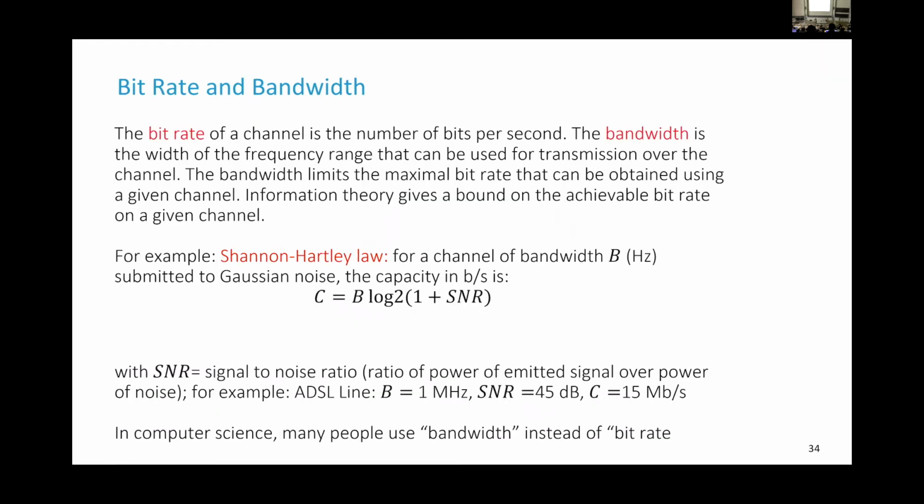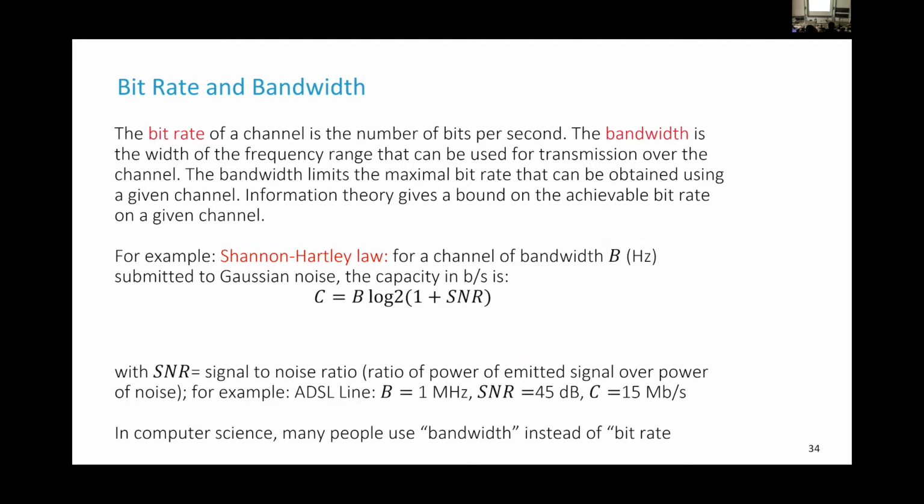What's the relation between the two? Well, information theory gives the relation. For example, on a simple model, if you have a channel where the only impairment is Gaussian noise, then there is a relation between the bandwidth and the achievable capacity. That's what information theory tells you. And the bit rate is what a given technology will be able to achieve.